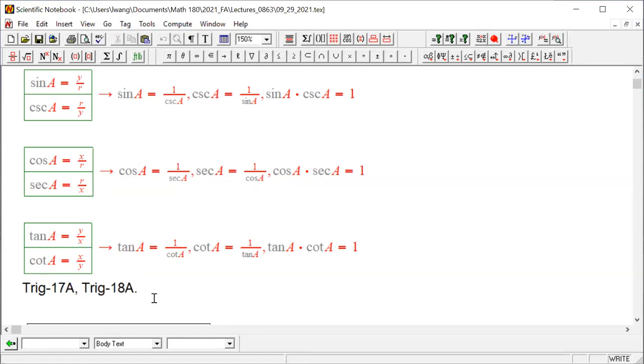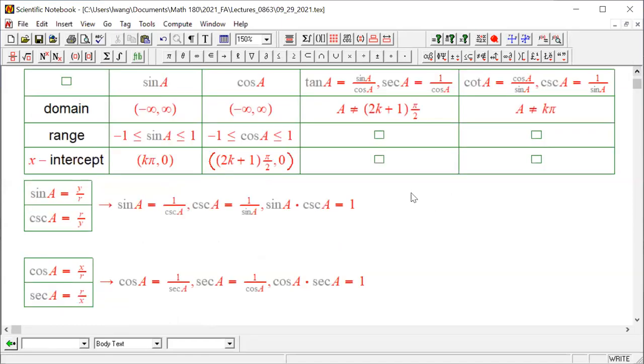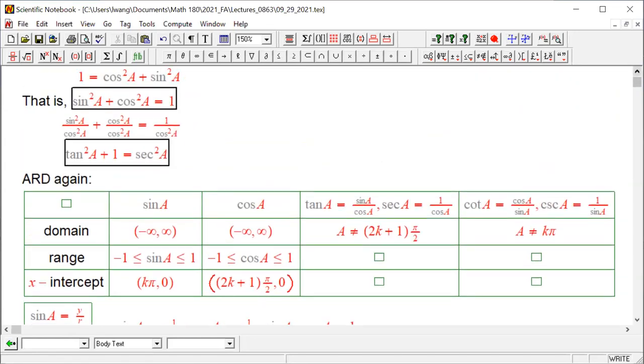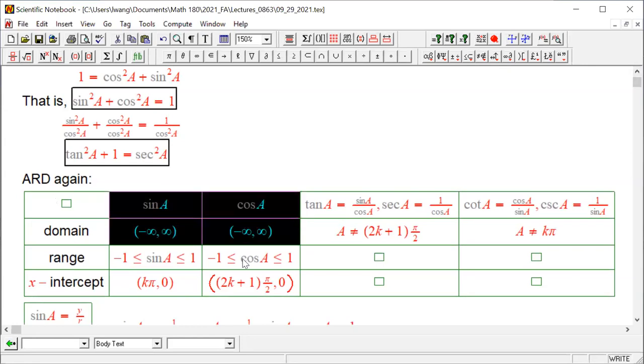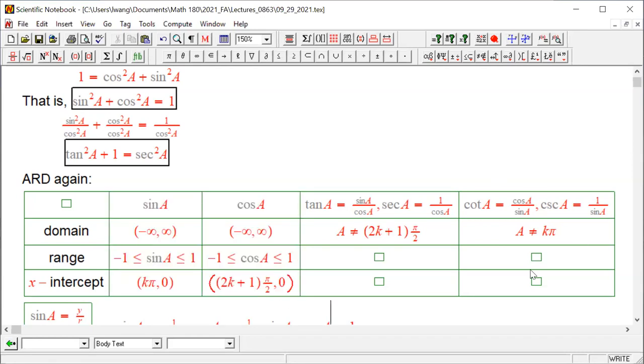Now I have started to assign you the homework. So without further ado, we're going to get back to tangent, because we're still working on basic 1. All of these functions' domains are covered. For sine and cosine, domain and range are both covered. X-intercepts are covered. You can see the connection, but we haven't got the range of tangent and cotangent.